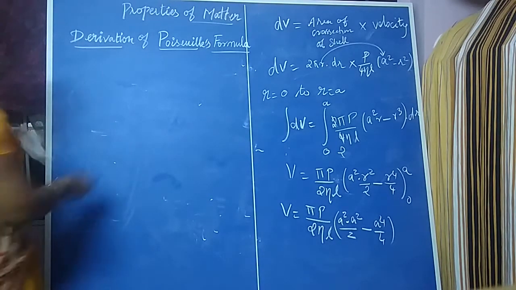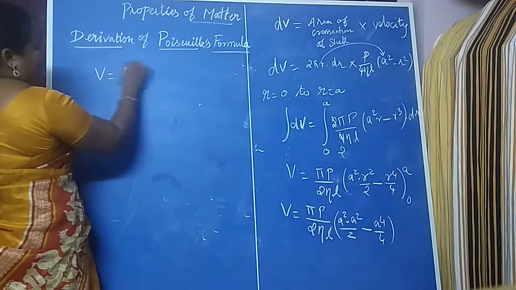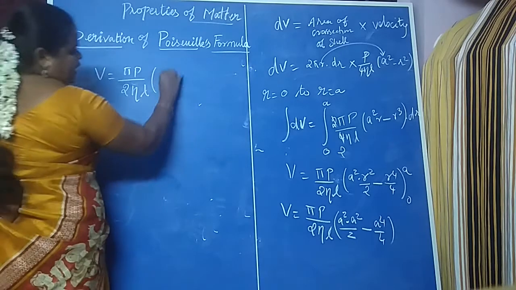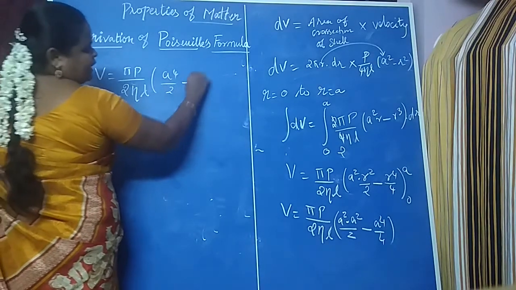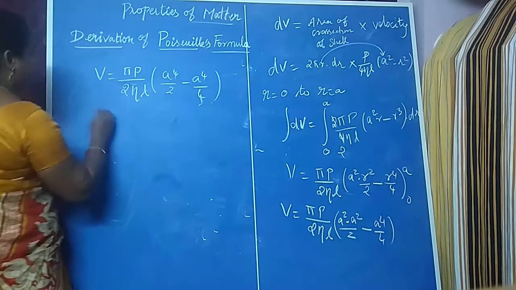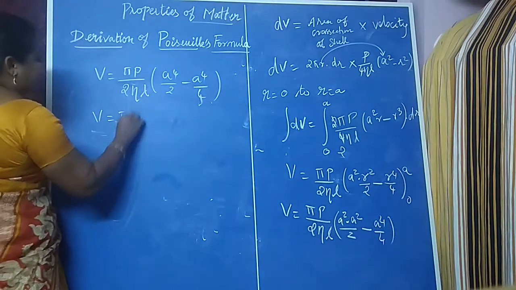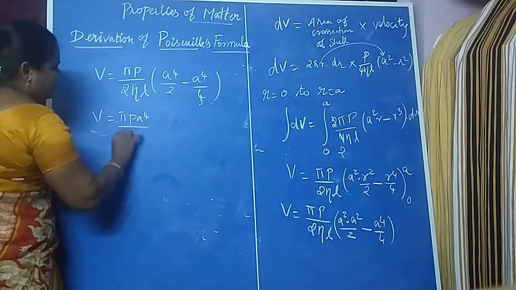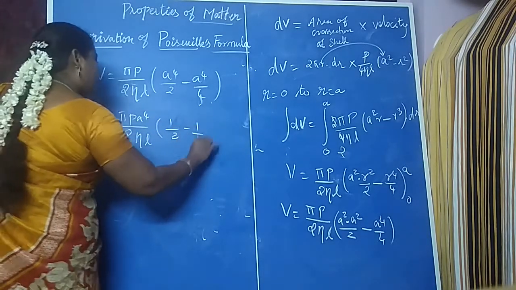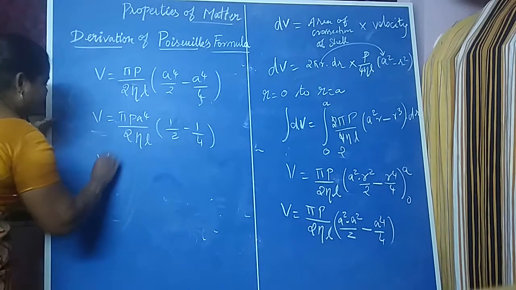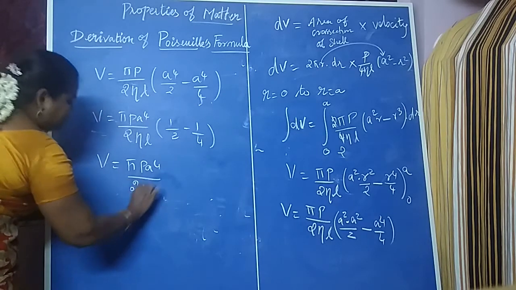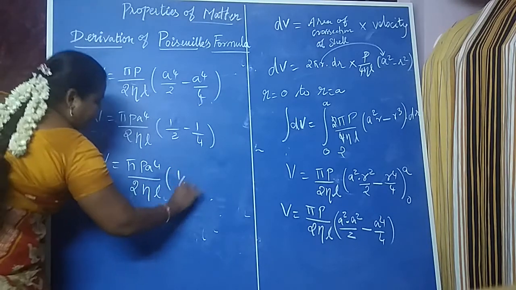So we get V equal to pi P by 2 eta L, a power 4 by 2 minus a power 4 by 4. Take a power 4 as common: pi P a power 4 by 2 eta L into 1 by 2 minus 1 by 4. We get V equal to pi P a power 4 by 2 eta L into 1 by 4.